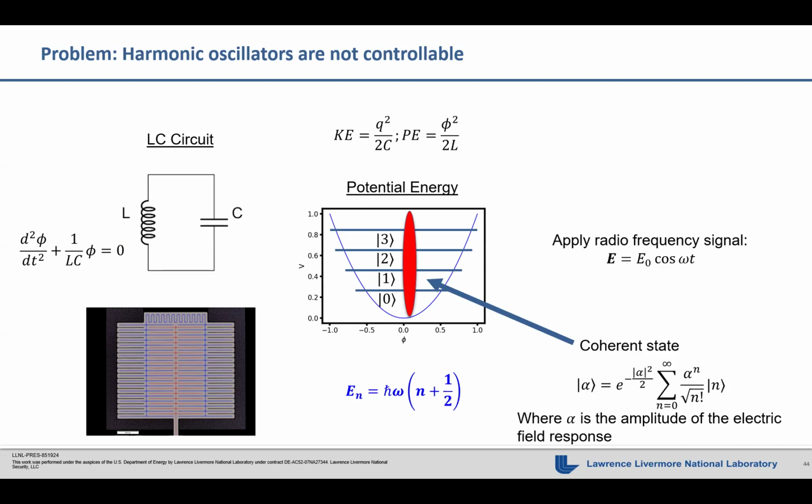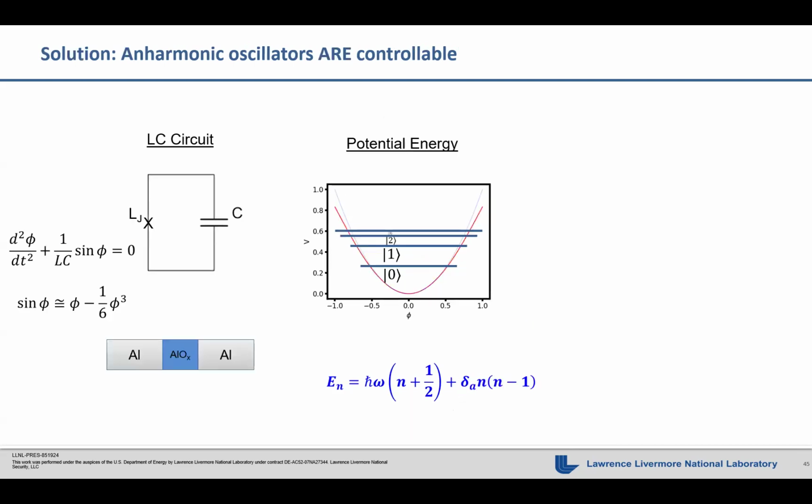So the way we fix it is instead of using an inductor, we use a Josephson junction. So how do I think about a Josephson junction? A Josephson junction is, like I was saying, a tunnel barrier where I throttle the number of electrons that can jump from one side of the junction to the other. The energy stored in it is actually kinetic energy.